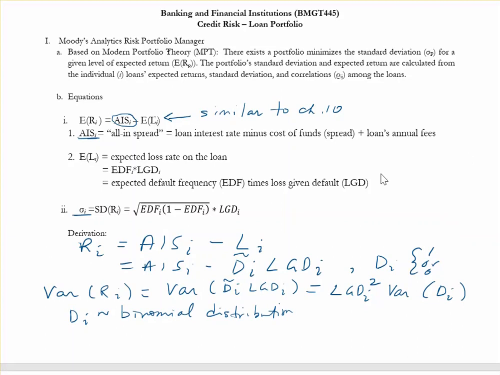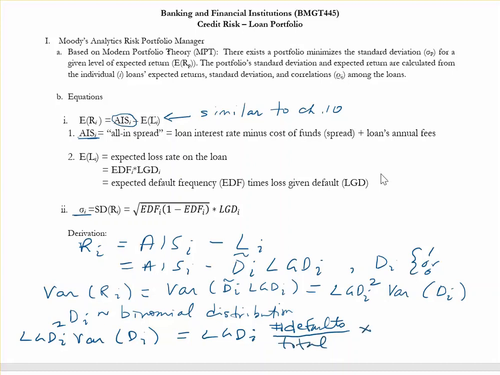Now, the feature of something that follows the binomial distribution is that we can write the variance in this way, where we have the number of times D is equal to 1 over the total, times the other outcomes, which is that there wasn't a default.